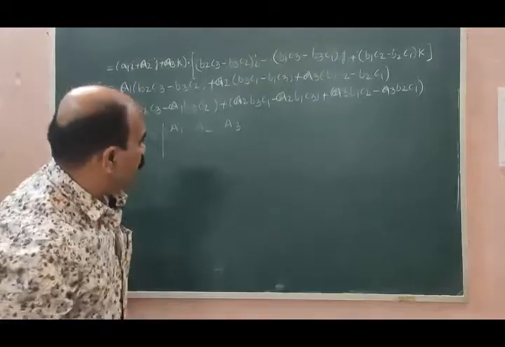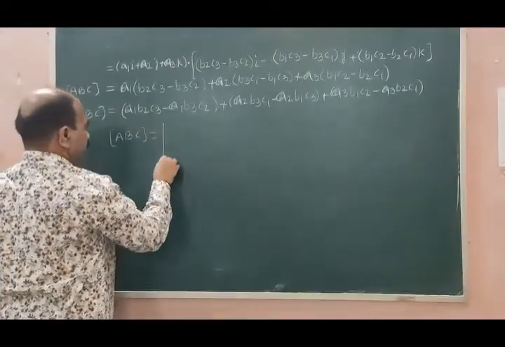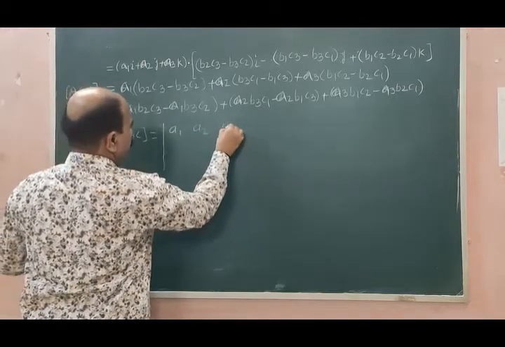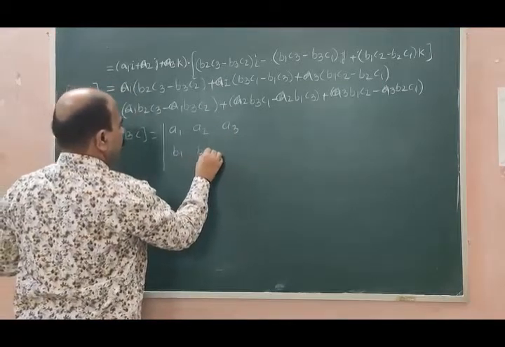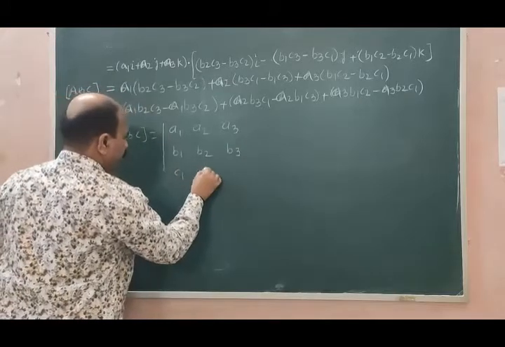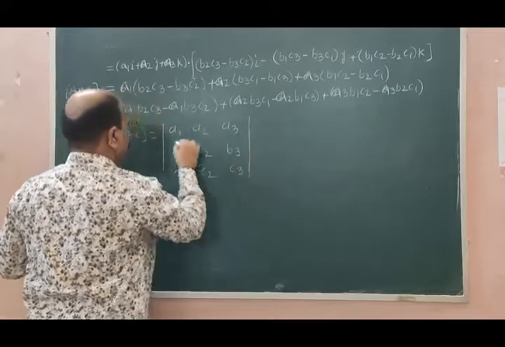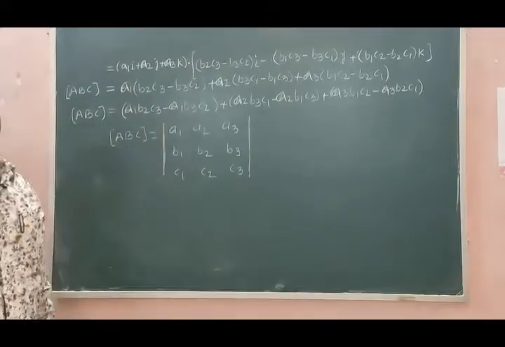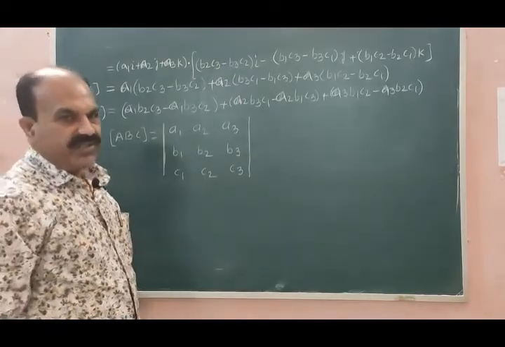So here we will have just small letters. This is box product ABC represented by this determinant.